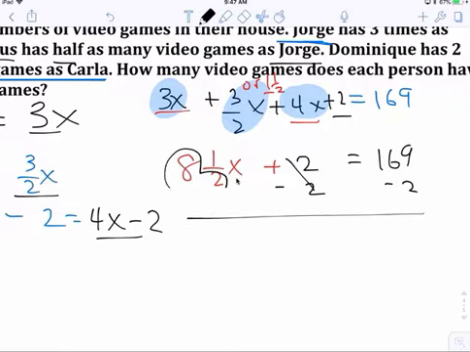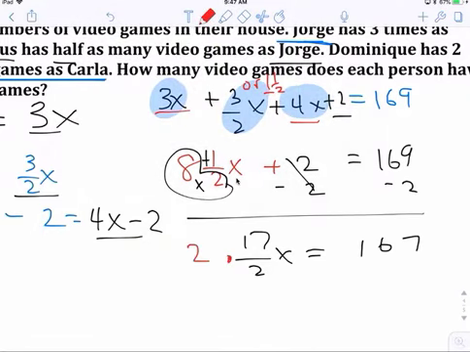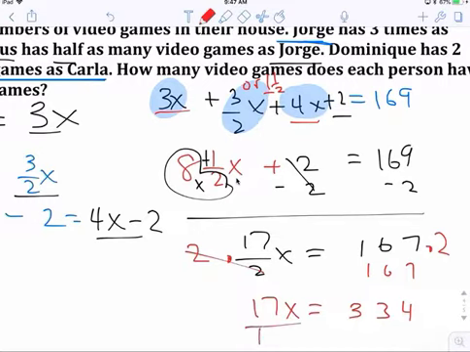Let's just make this improper now. Okay, let's get rid of the fraction. Multiply by the least common denominator, times 2. 17x equals twice that, divide by 17.